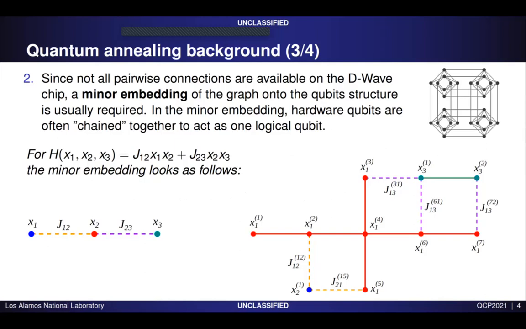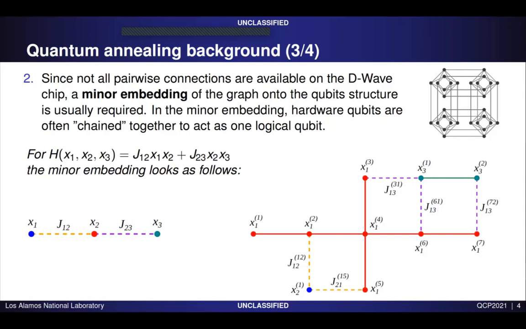Since the D-Wave hardware is not all-to-all connectivity, we must find a minor embedding of our logical problem onto the physical hardware. In this minor embedding process, each logical variable from our Ising gets mapped to a series of physically connected qubits. This series of qubits that represents the logical variable is called a chain.